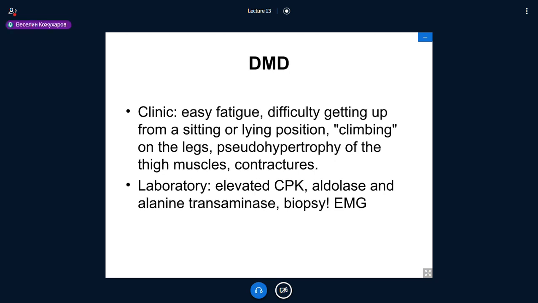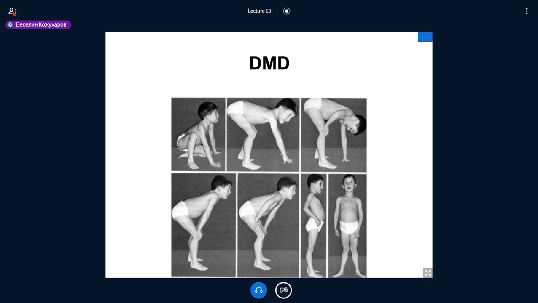EMG changes are also typical, and they are a noninvasive way to find the diagnosis. Also, family history and genetic consultation are helpful to find the diagnosis. Actually, there are many types of Duchenne muscular dystrophy, but all of them are impossible to treat at this time.